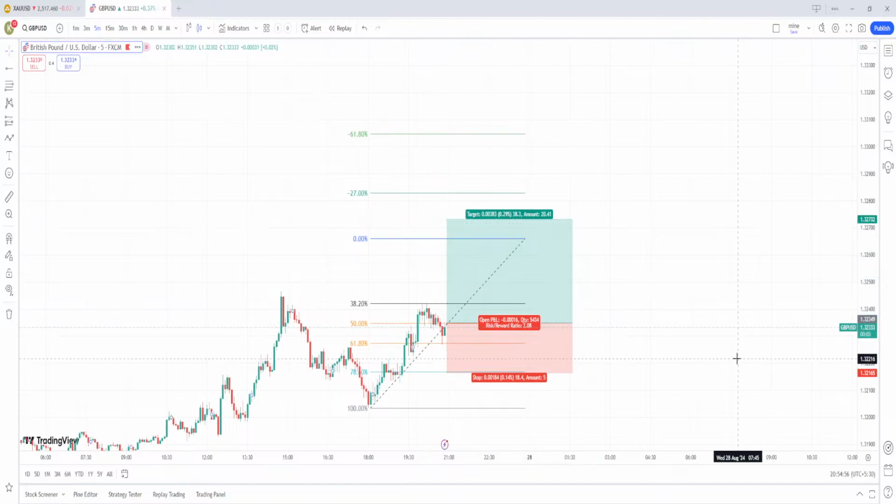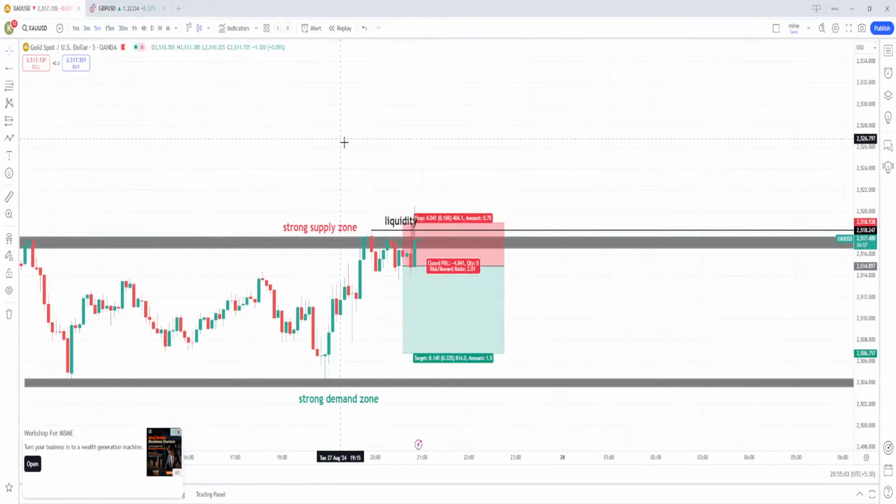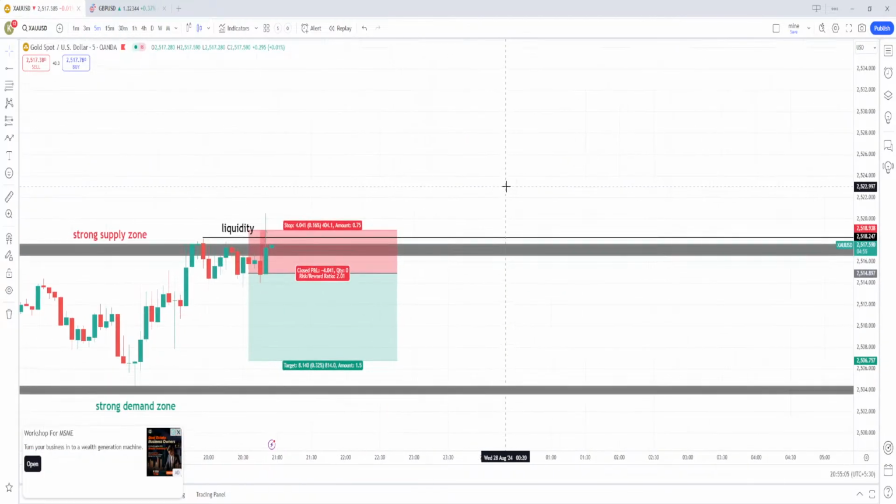Okay, so this is the second trade. In this session we are going to trade GBP/USD along with gold. Oh, in gold we hit the stop loss.